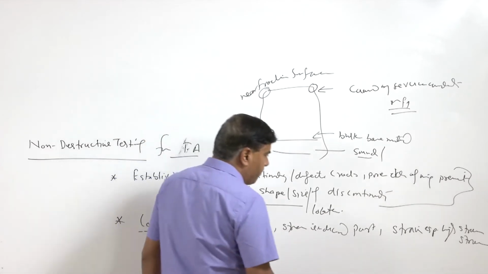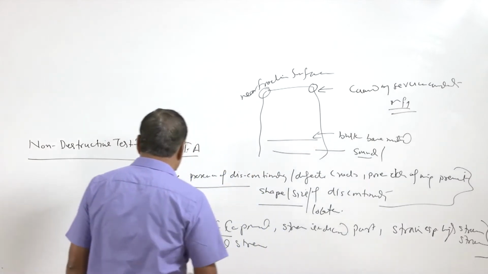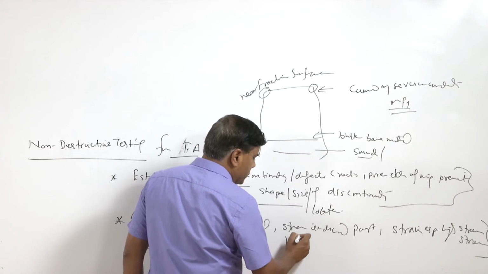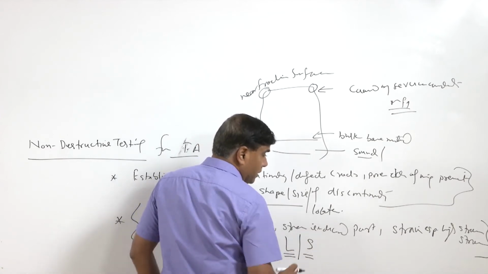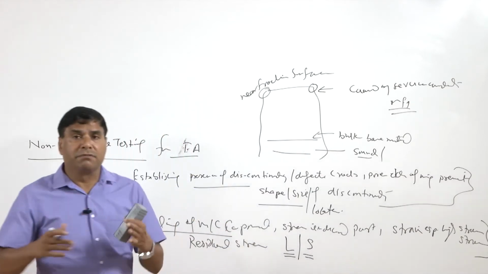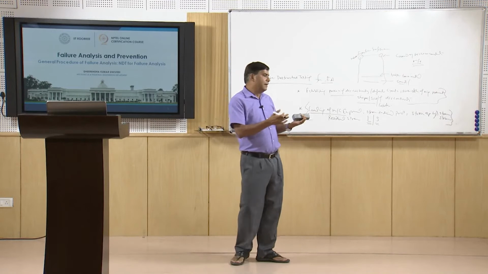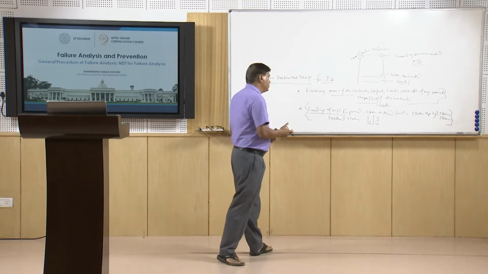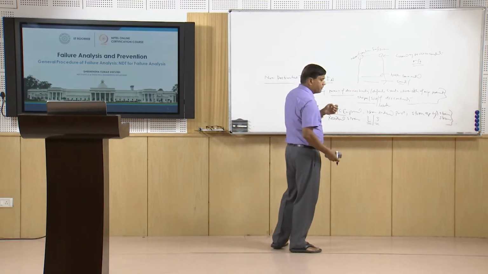Apart from the design load, if we are able to establish through NDT that the component has been subjected to a certain kind of load and stresses which were beyond the acceptable level, beyond the allowable level of stresses for that component, then this can be used as a possible way to relate with the failure.